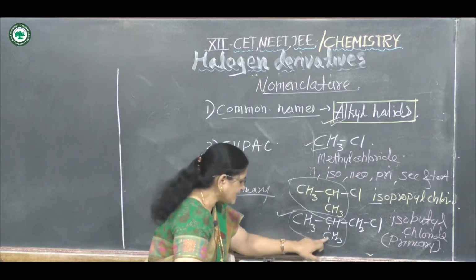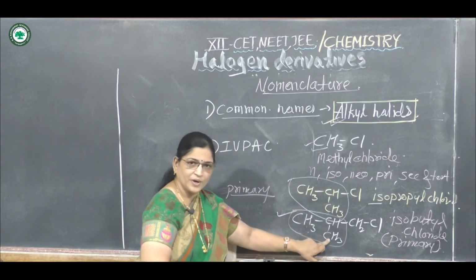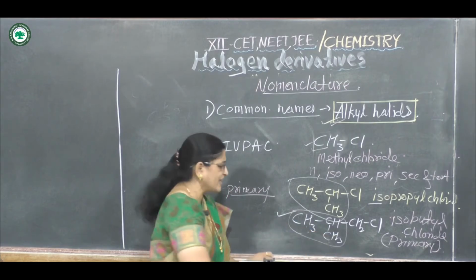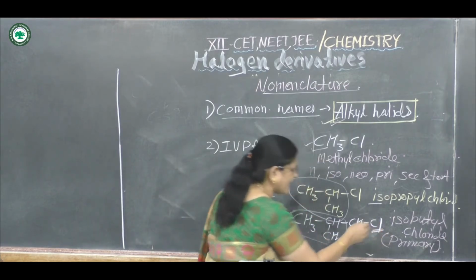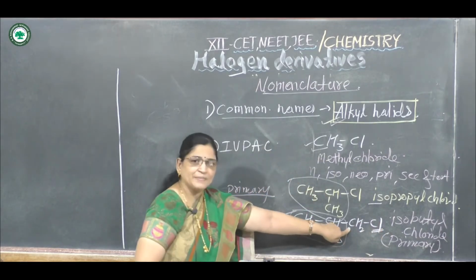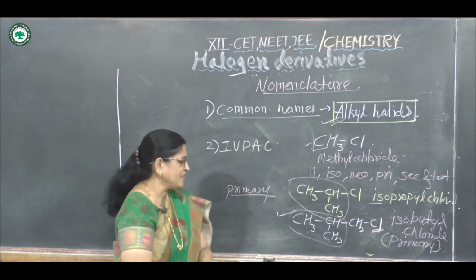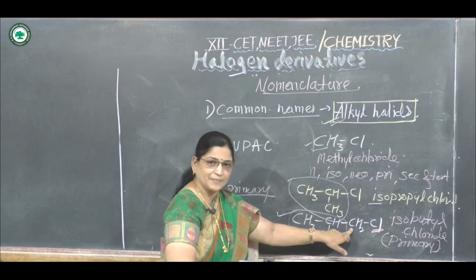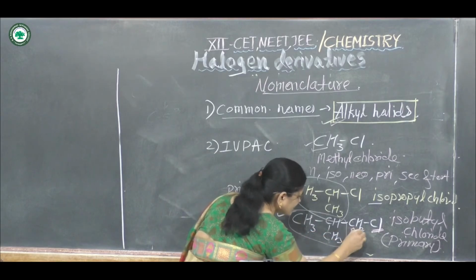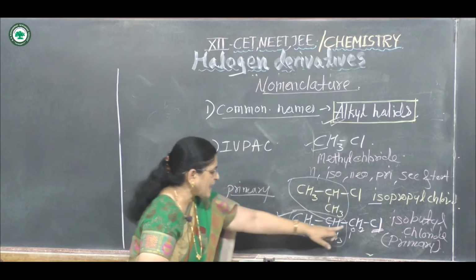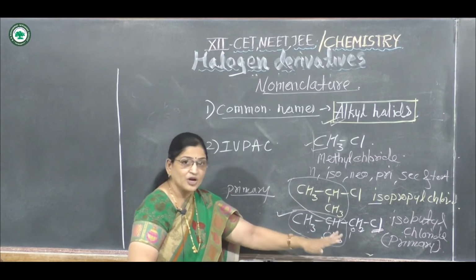Isobutyl chloride is a primary alkyl halide and not secondary. Although on the second carbon atom there is a CH3 group, it is not a secondary alkyl halide because the chlorine atom is attached to a primary carbon atom. This halogen atom is attached to this carbon atom, which is a first degree carbon, that is a primary carbon, and not secondary.